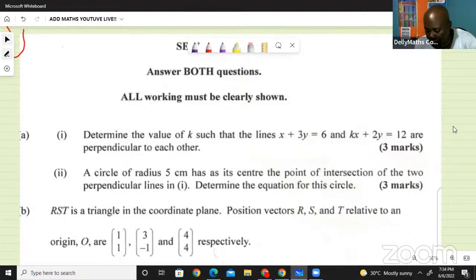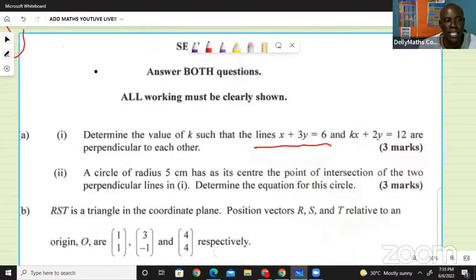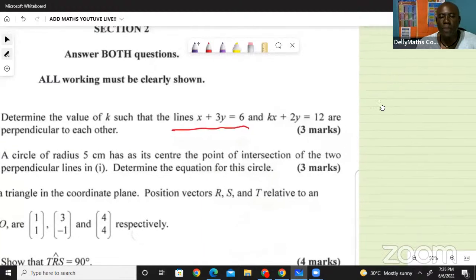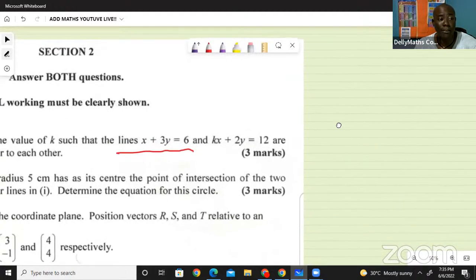So what we have says: determine the value of k such that the lines x plus 3y equals 6 and kx plus 2y equals 12 are perpendicular to each other. Based on what I understand of perpendicular lines, we focus on their gradients.